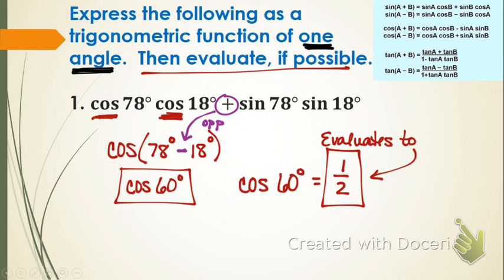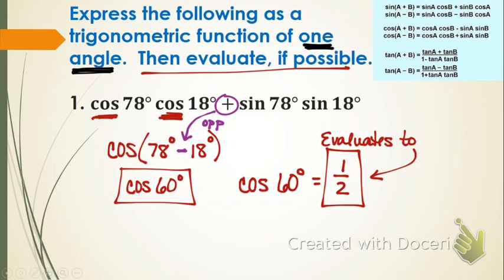So far, so good? Let's look at one more example like this, and then, like I said, we'll shut it down after that. How did you know, again, that this was a cosine formula? Because it starts with cosine, cosine, right? Cosine, cosine is a cosine formula.